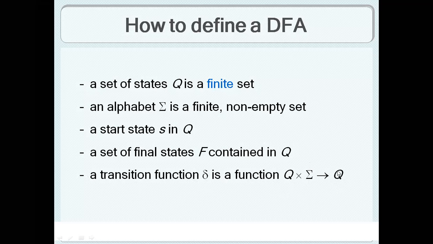In NFA we are having 2 power Q states and more than one transition, that requires only one state and one input symbol. We are having 0 or more or one transitions for that particular one. So that is the reason why in NFA we are having 2 power Q states.